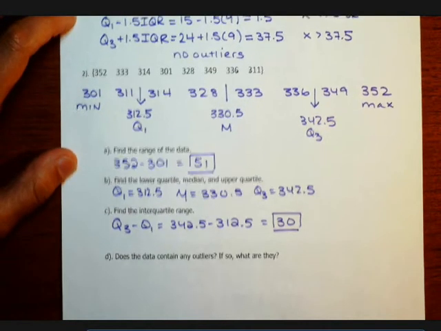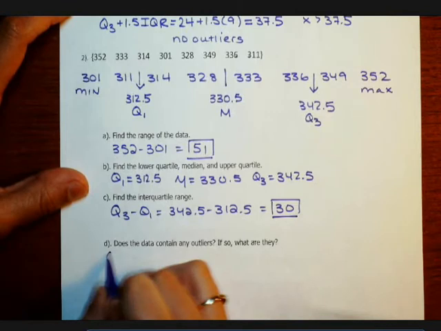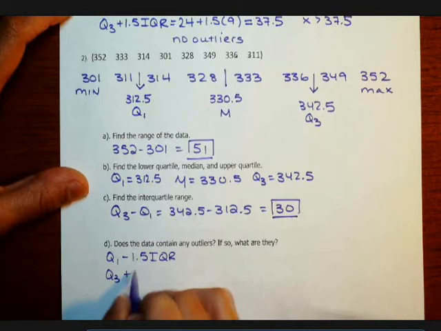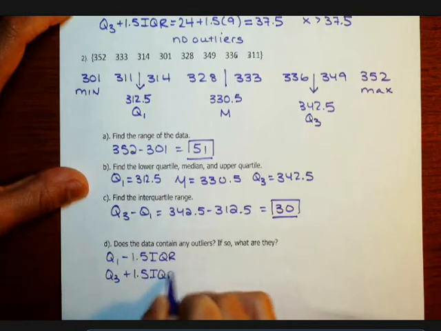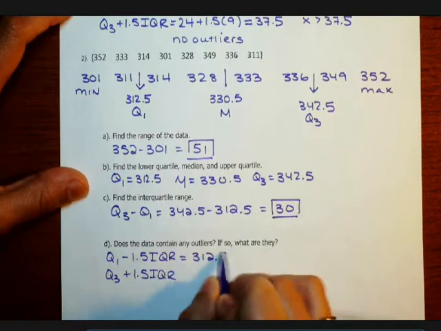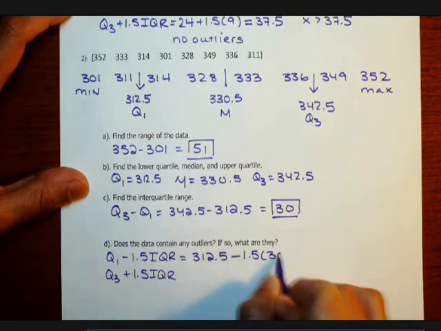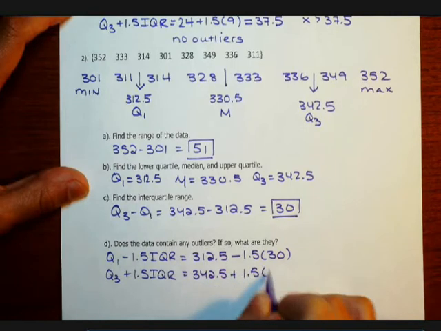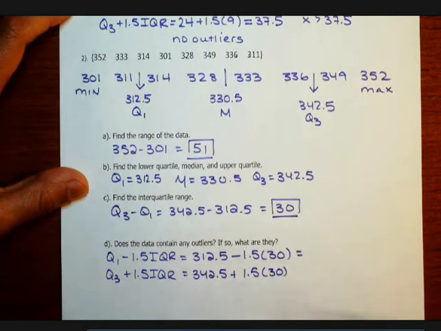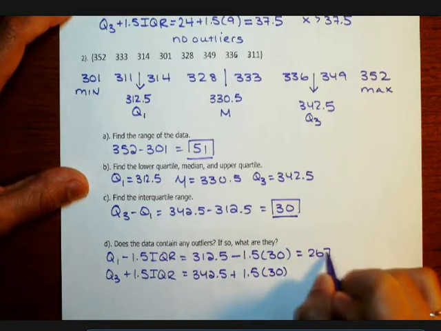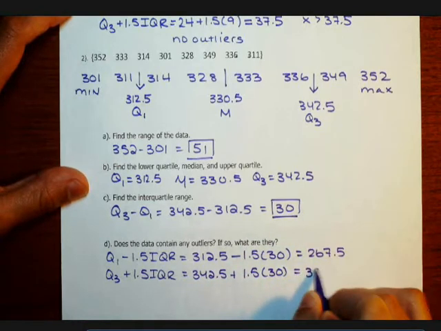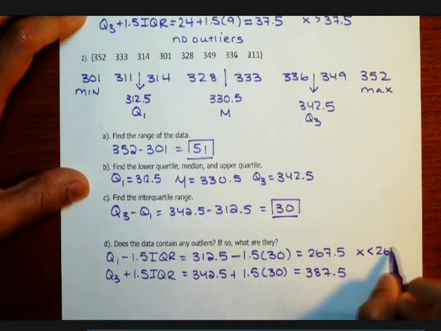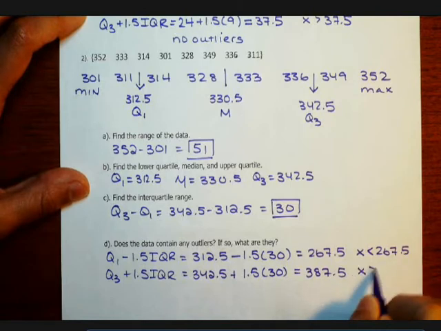And that leads us finally to our outliers. Our outliers look like this. So our outliers must be less than 267.5, or they have to be greater than 387.5.